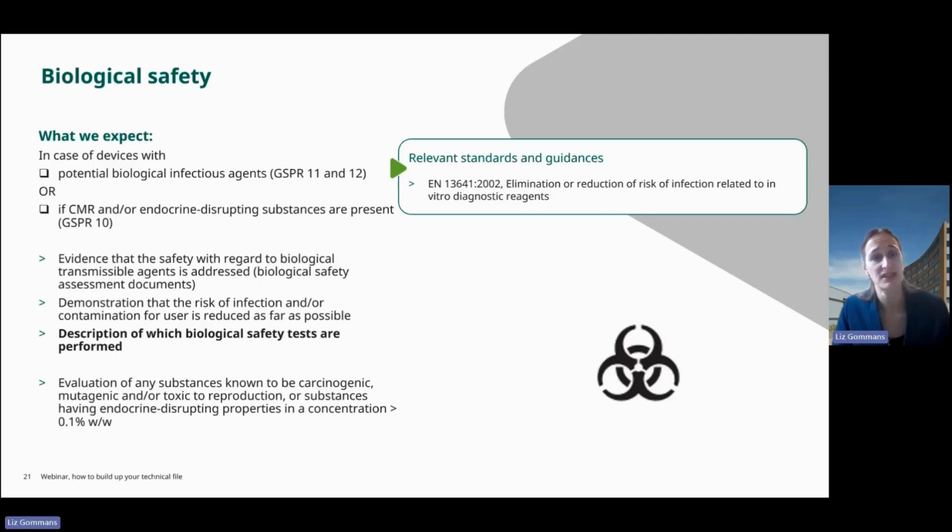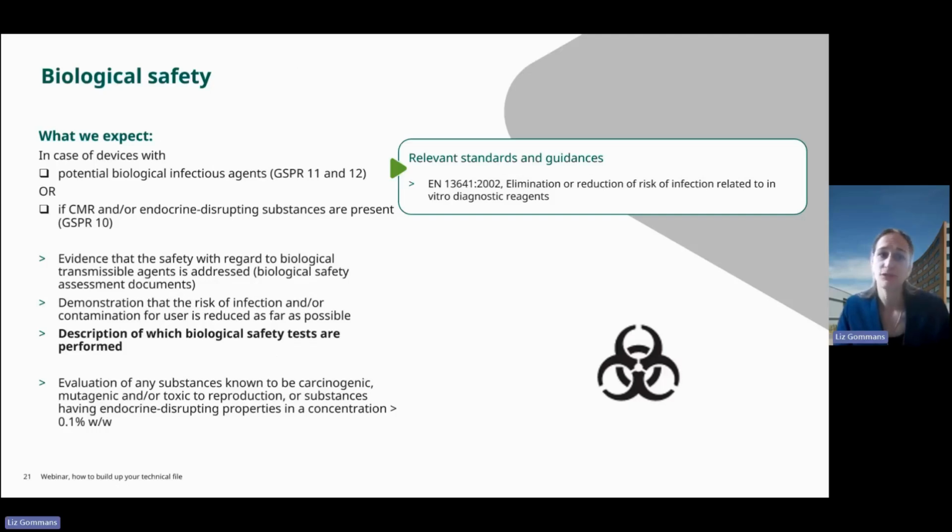We need to have evidence that the safety regarding the biological transmittable agents is addressed. So this is for GSPR 11 and 12, that the risk of infection and or contamination is reduced as far as possible. Very important, the description of the biological safety tests that are performed. So which tests have you performed and why is it okay to do these tests?